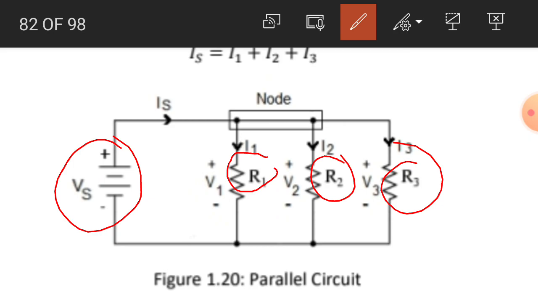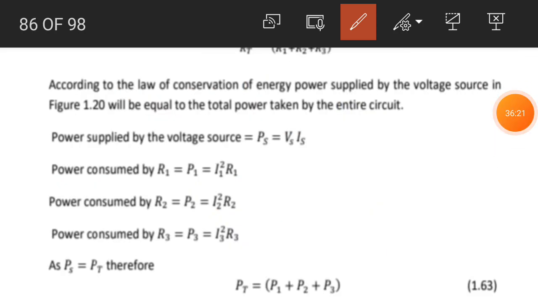According to the law of conservation of energy, the power supplied by the voltage source will be equal to the power taken by the entire circuit, and the power taken by the entire circuit will be equal to the power consumed by R1 plus the power consumed by R2 plus the power consumed by R3.